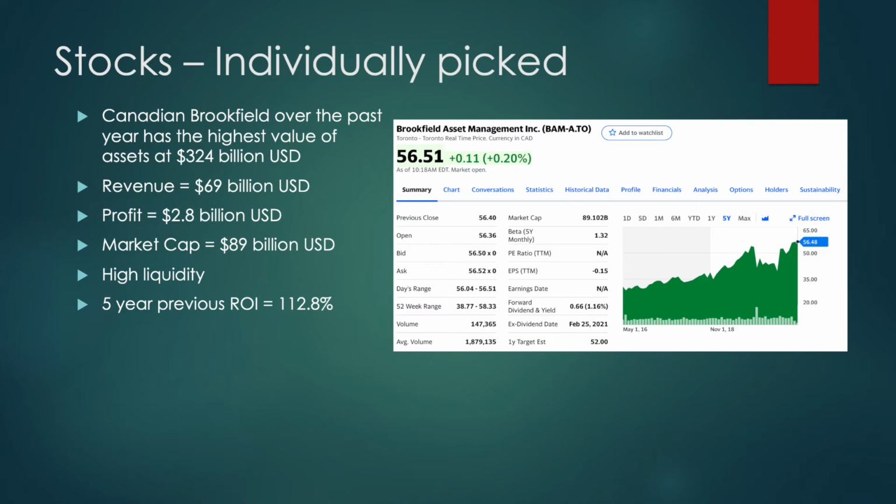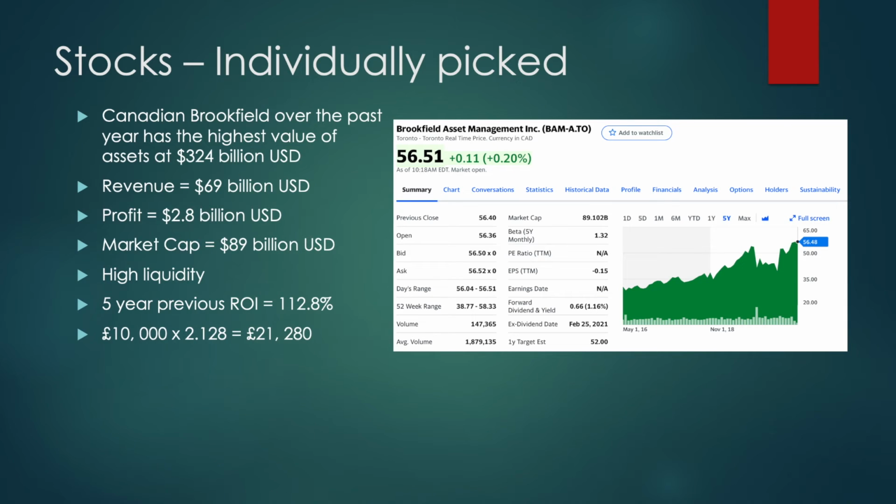So 5-year previous returns are 112.8% as it stands. So their current stock price is 56.51 Canadian dollars, and in 2017 it was 26.9 Canadian dollars. So that's how I've calculated the ROI on this investment.